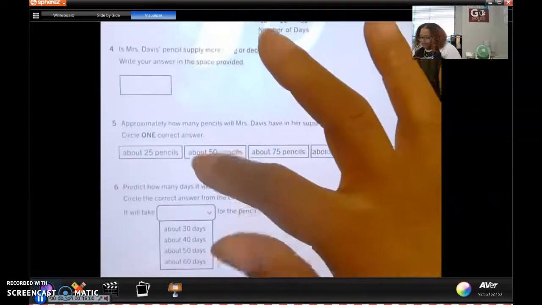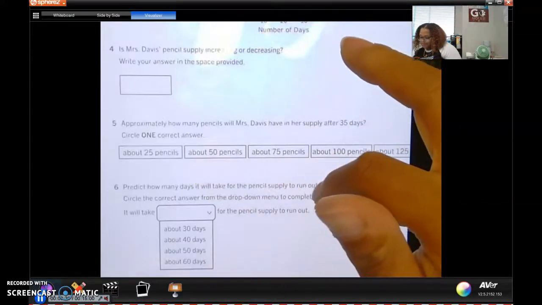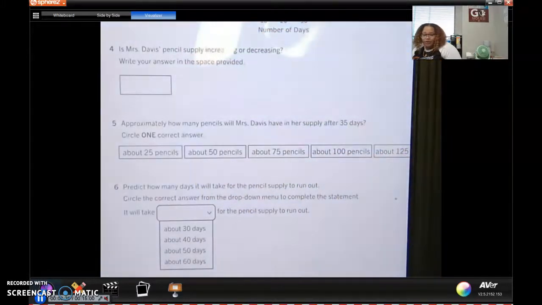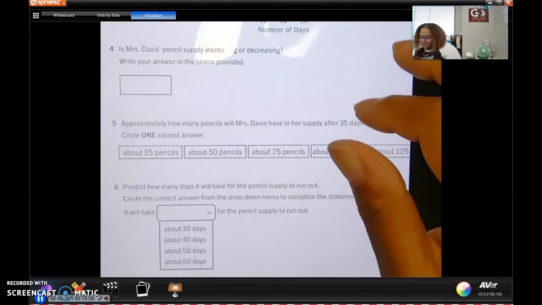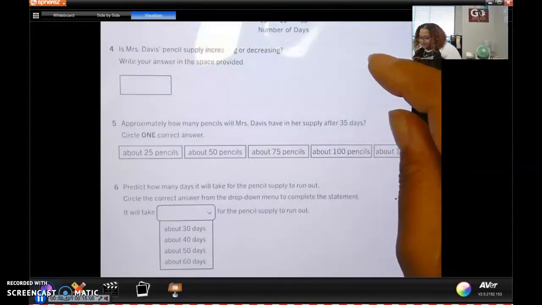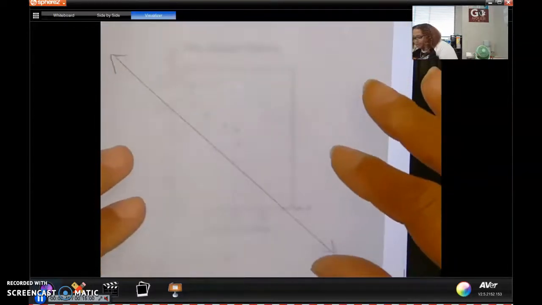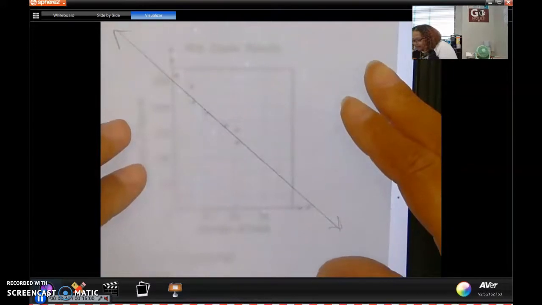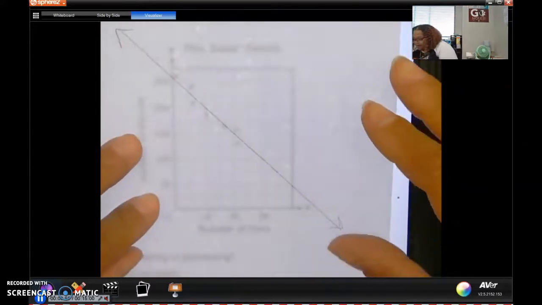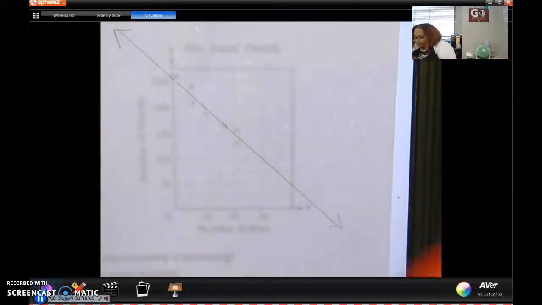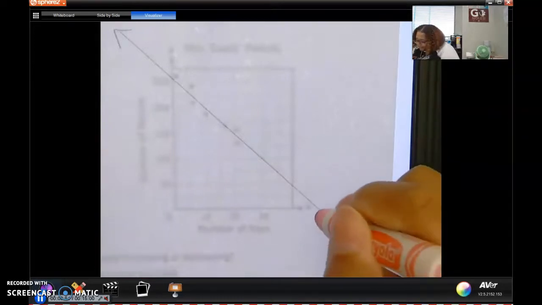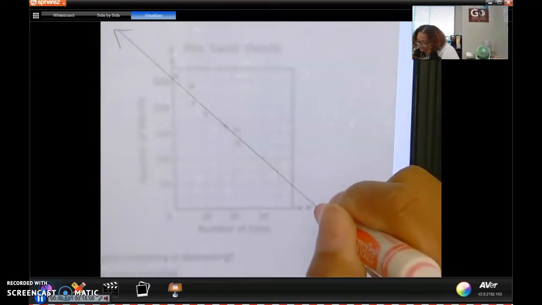Then it says, predict how many days it will take for the pencil supply to run out. Circle the answer from the drop-down menu to complete the statement. It will take about blank days for the pencil supply to run out. So that's 0 pencils. So if I'm putting this back here, about how long will it take for my pencil supply to get here?